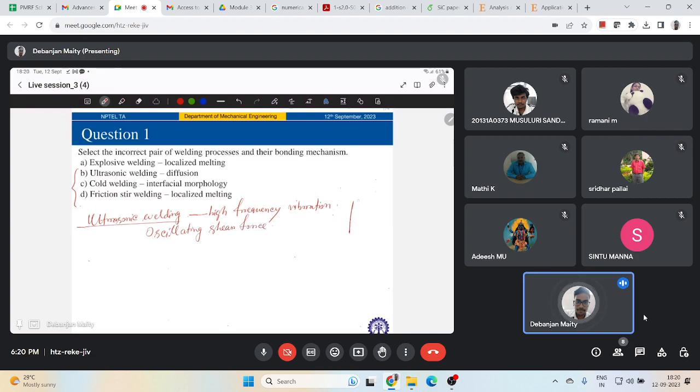So if this is your horn, let's say this is my horn and this will be my workpiece to be joined, and here you have your anvil like this, and this will be vibrating in the planar direction, right? So it will create some kind of perforation over this sheet metal and also at the interface.